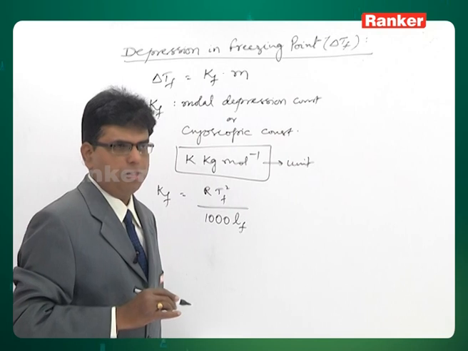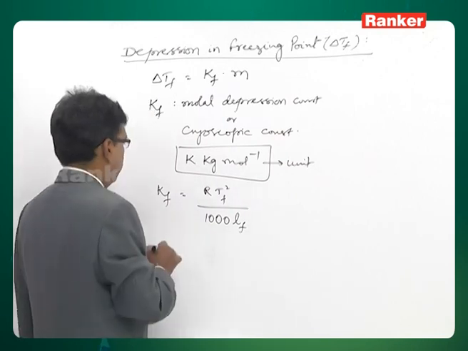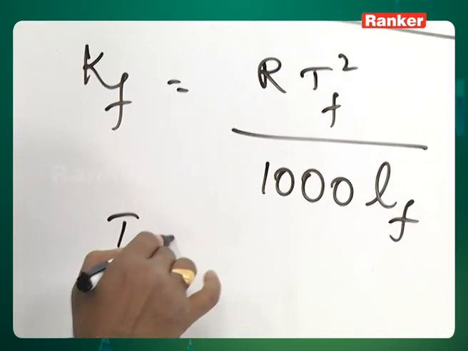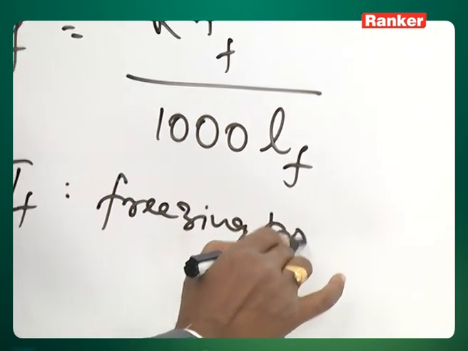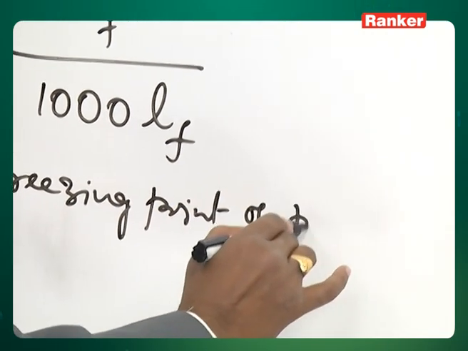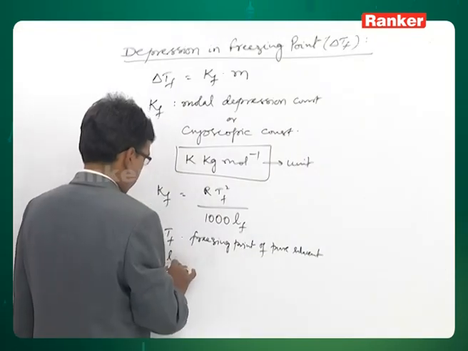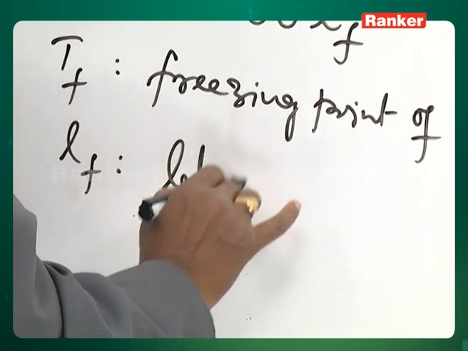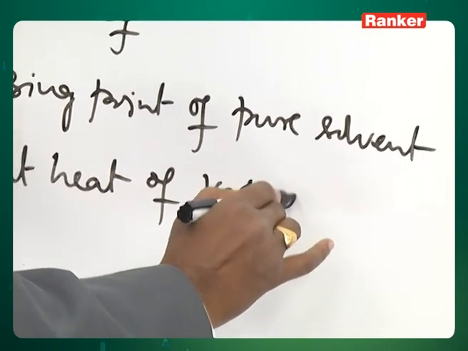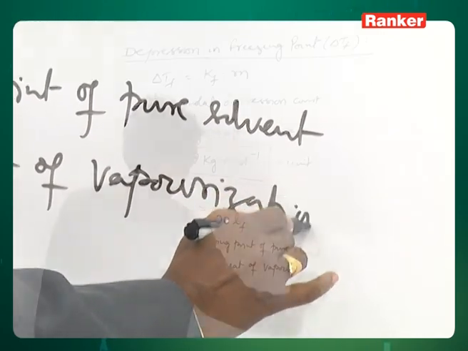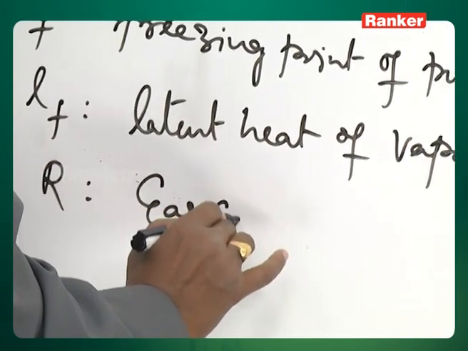This expression is exactly similar to what we wrote for Kb in the case of boiling points, where TF is the freezing point of pure solvent, Lf is latent heat of fusion, and of course R is the gas constant.